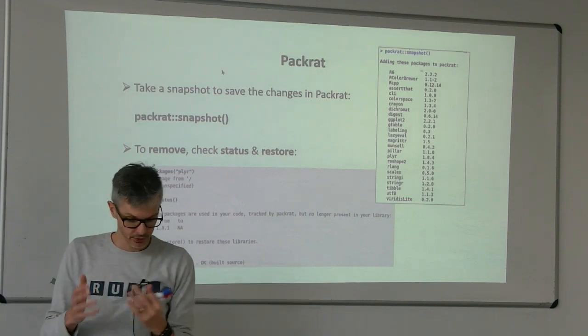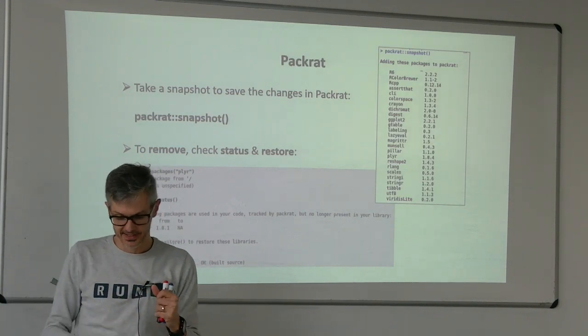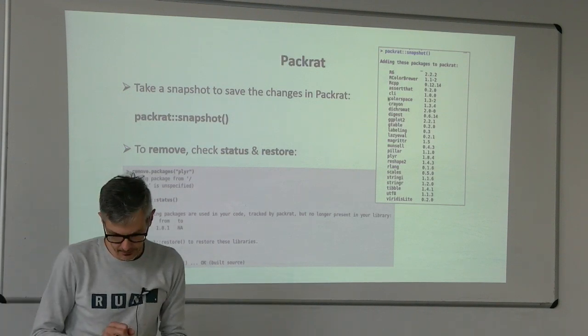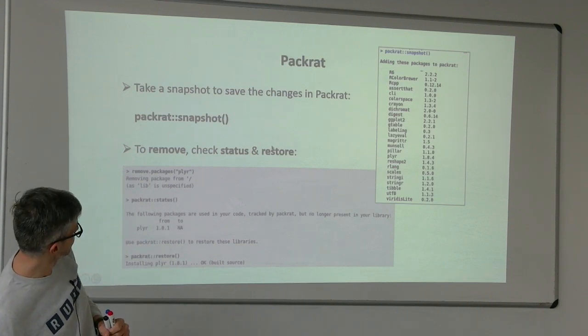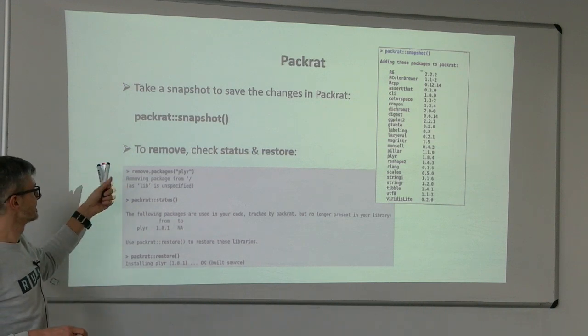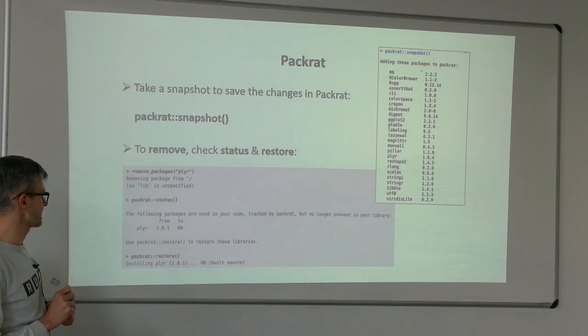It's also possible to do some actions. For example, take a snapshot, and then you see in the snapshot which versions of packages you are currently using. You can have a look at the status and restore. For example, it could be that you don't need certain packages anymore.